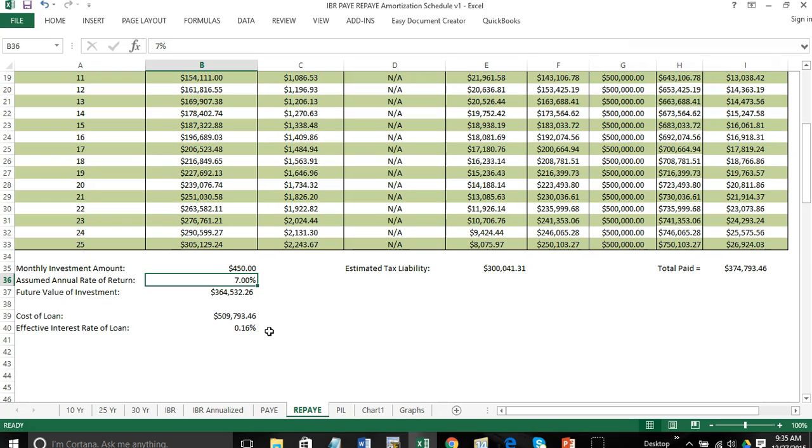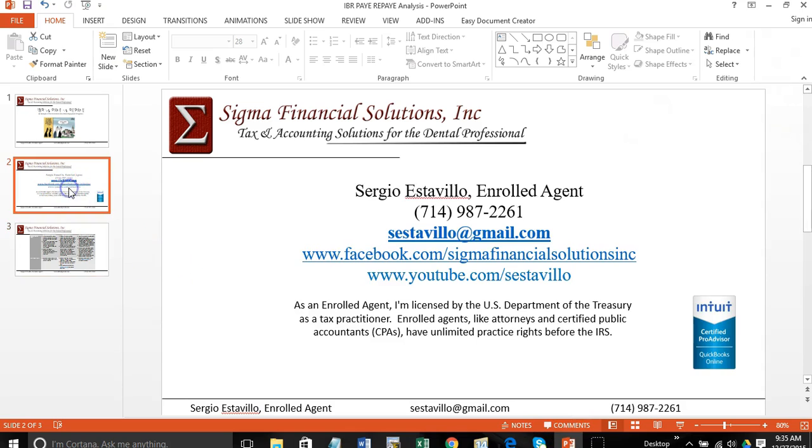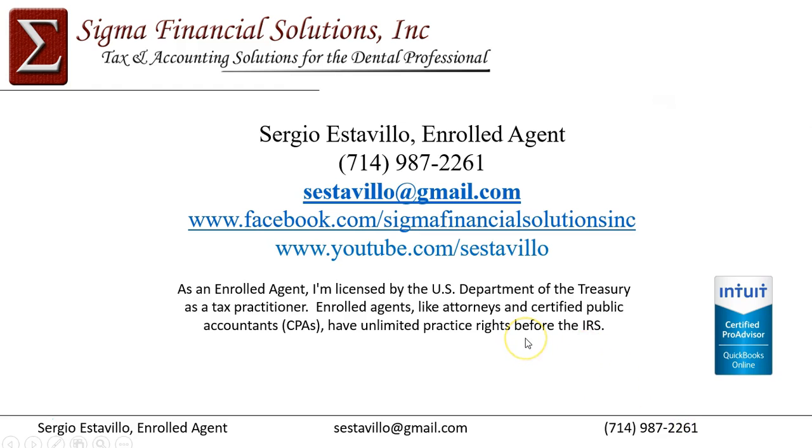It'll present other financial opportunities that would either be delayed or maybe not presented if you're in a more conventional 10-year or 25-year or 30-year repayment option. So taking advantage of these repayment programs can certainly be something that you want to consider.